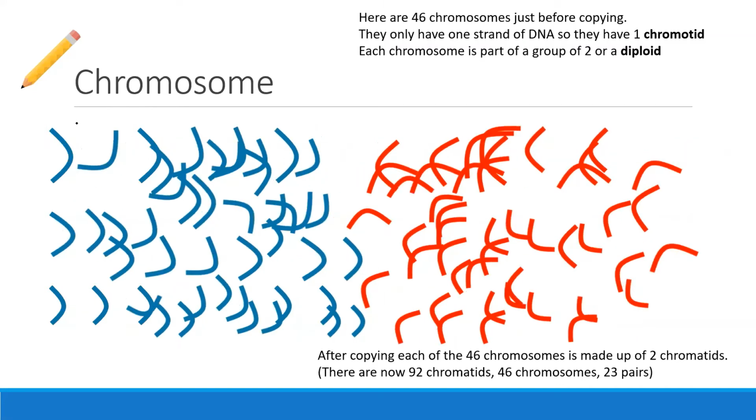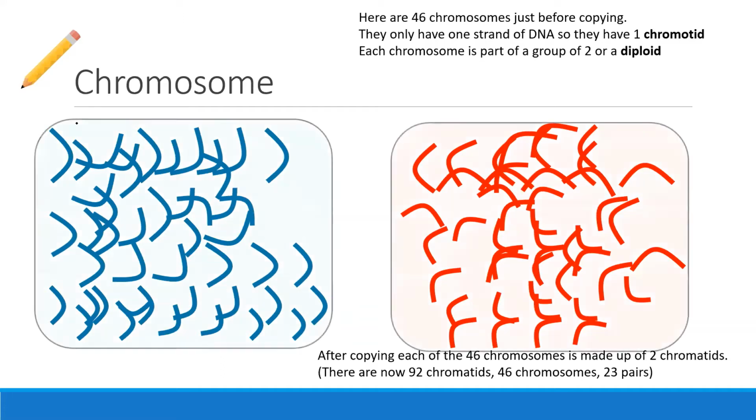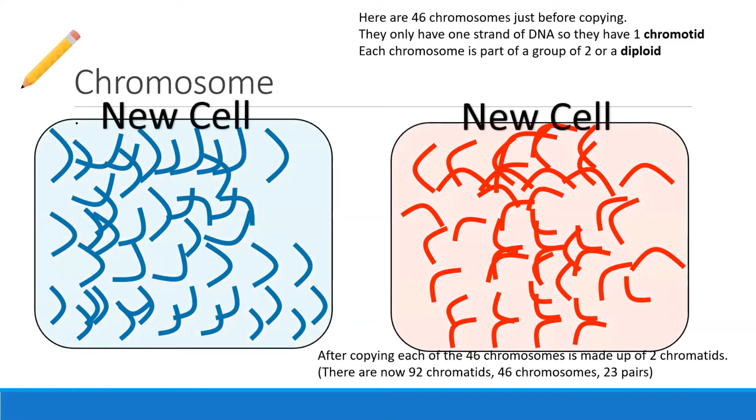If you look, each of them is getting one of the sides, either the left side or the right side. Because both of those sides are exactly the same, that's okay. You end up with 2 new cells, and both of those new cells have all of the DNA. Both of them have 46 chromosomes.